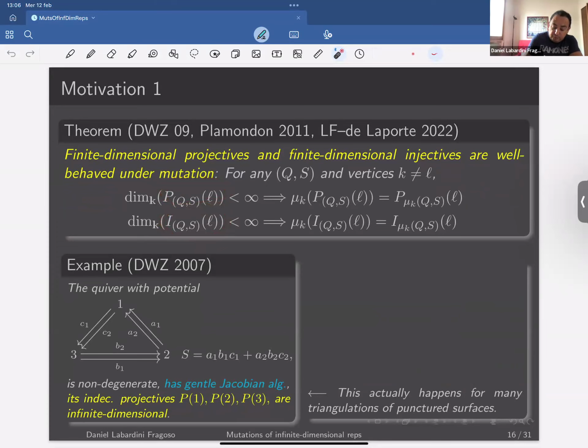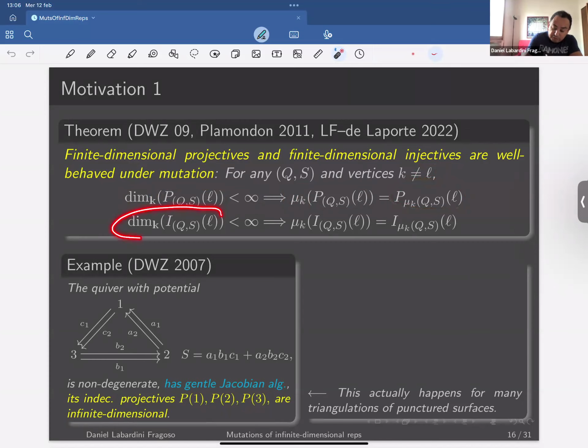Namely, if you have your Jacobian algebra, and you take an indecomposable projective which happens to be finite dimensional, and you mutate it with respect to a vertex different from the vertex at which the projective is projective, you obtain the corresponding projective.